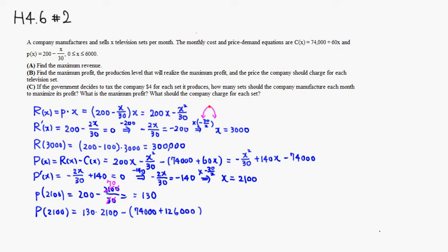Alright, so we have to compute that. That's 130 times 2100. So there will be 3 zeros, and 1 times 3, and 2 times 6, so 273,000.